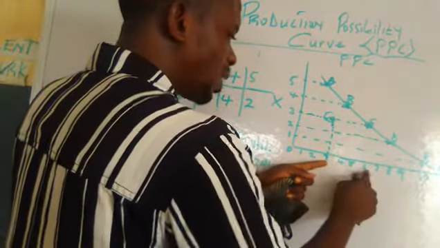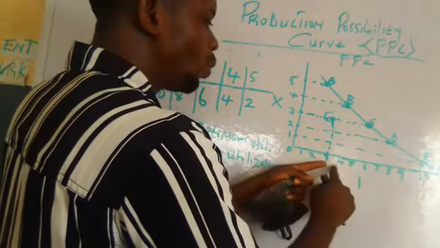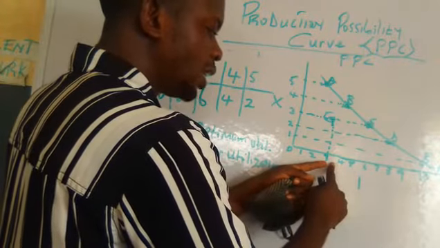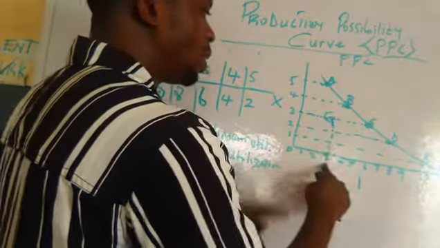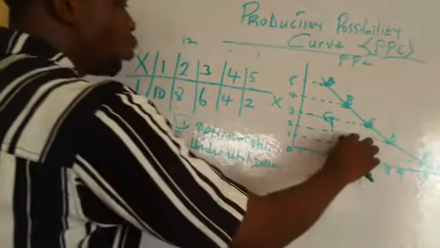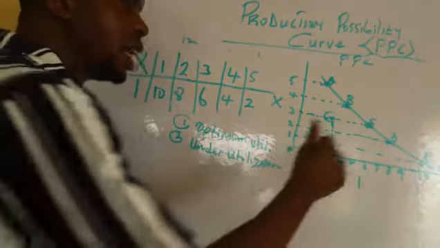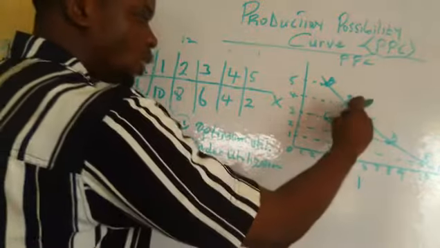We can produce extra 3 more. Normally we are supposed to produce 6, but we are producing 3. That is, we don't use all the resources judiciously. That is wastage. So this is underutilization. So it could be any point down here. When you see any point marked under the curve, it is underutilization.